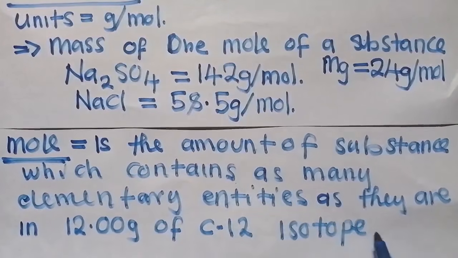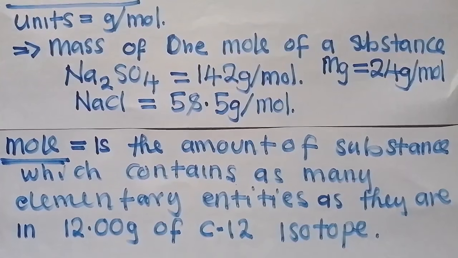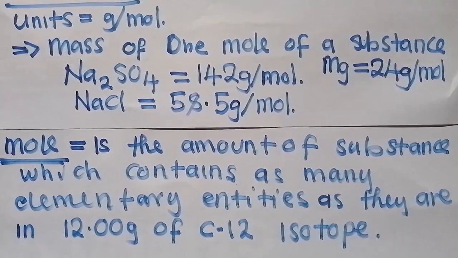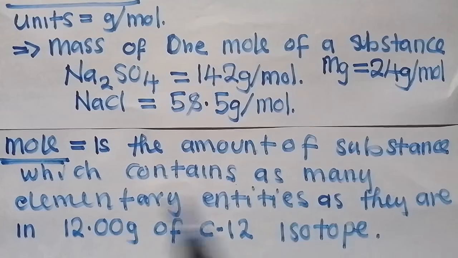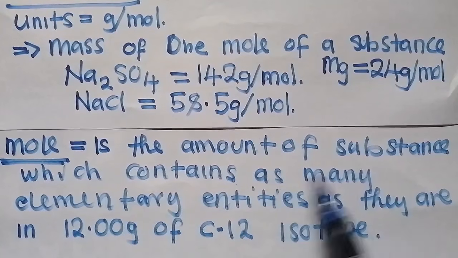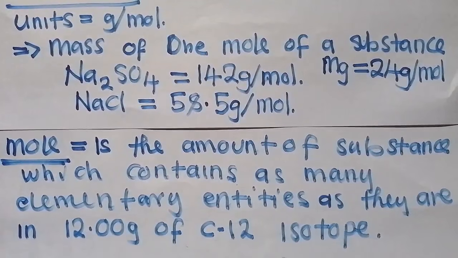So this is what we are saying a mole is. If you are told to define what a mole is, a mole is the amount of substance which contains as many elementary entities as there are in 12 grams of carbon 12 isotope. This is the definition of a mole.